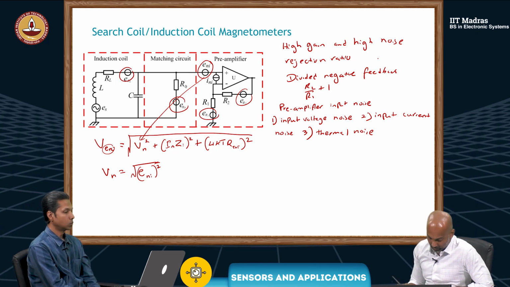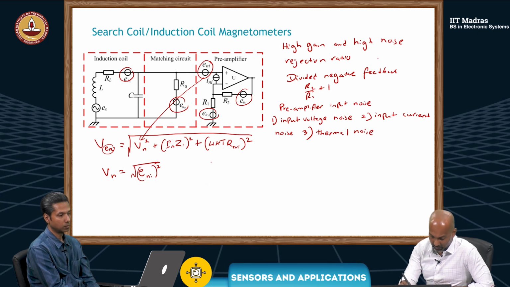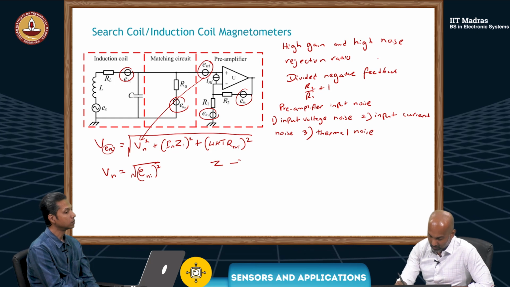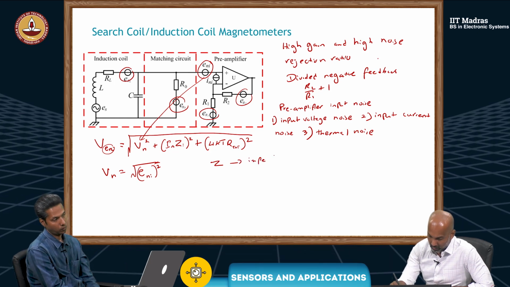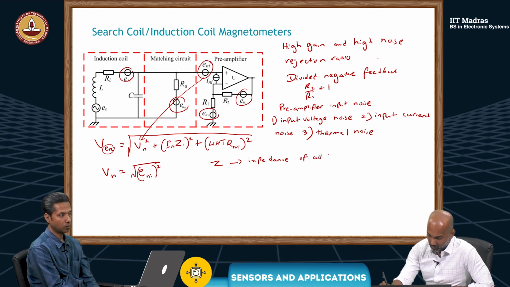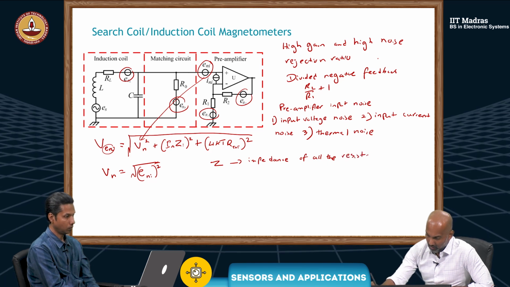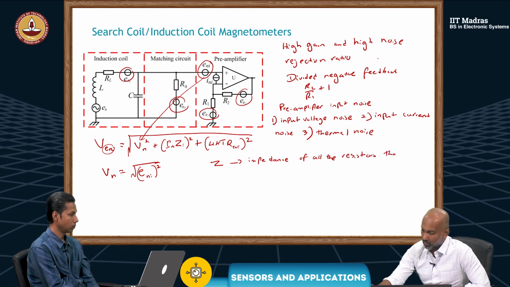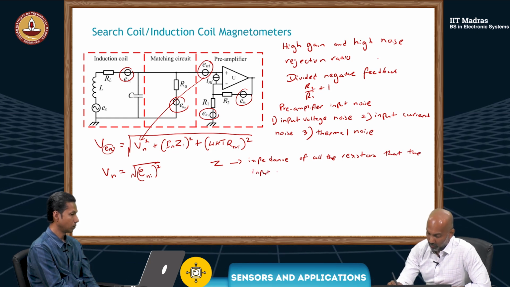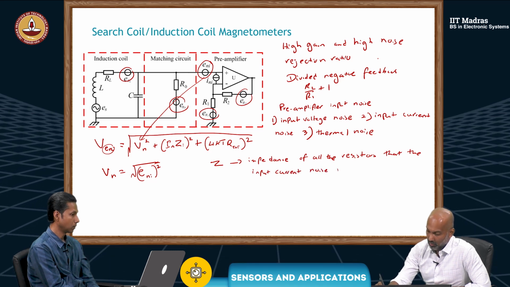And what else do we have here that we have not talked about? Z. Z is the impedance of all the resistors that the input current noise passes.